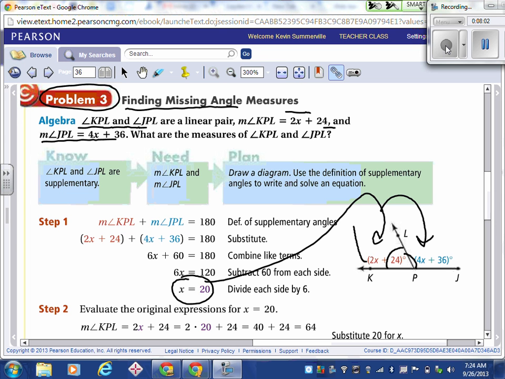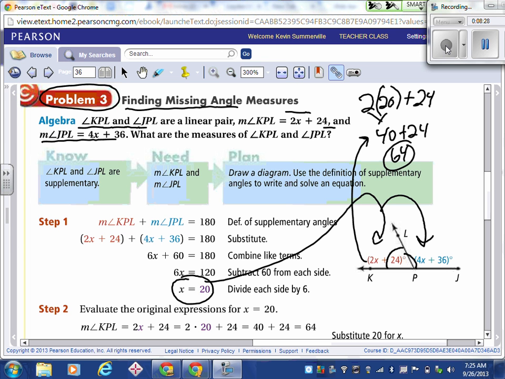So in this equation, you have to substitute, where there's an x, you're going to put 20: 2 times 20 plus 24. 2 times 20 is 40, plus 24 will give you 64.